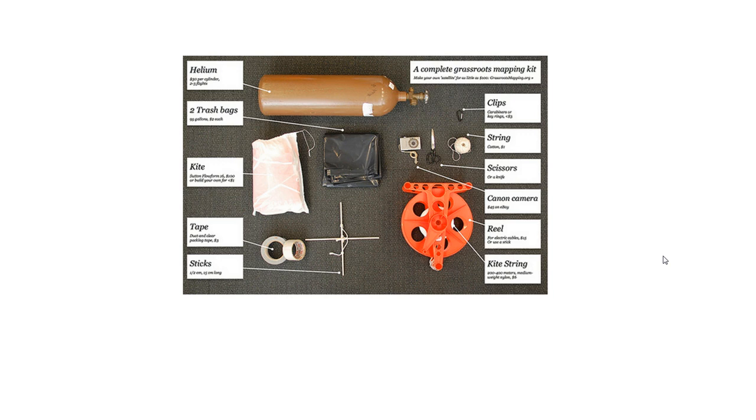We can see there's some helium and a kite, and importantly a Canon camera. They're saying that's about $45 on eBay. Through this kit, you can put together a remote sensing camera that will allow you to take images of the Earth that you can then georeference and bring into a GIS or into Google Earth.